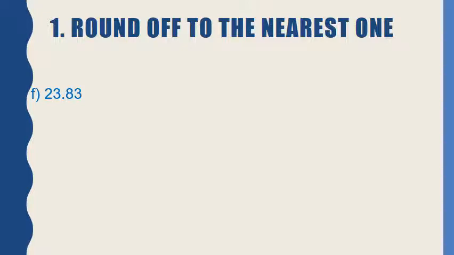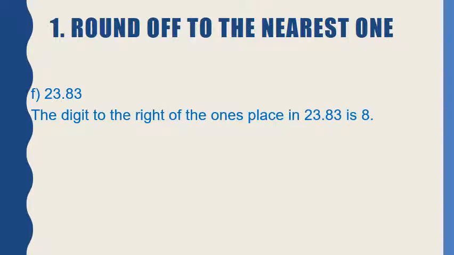Now children, in 23.83, we have to round off to the nearest one, so first we will see the digit at the ones place, which is the rounding place. The digit at the ones place is 3. And now what is the digit to the right of the ones place, or the right of 3? The digit to the right of the ones place in 23.83 is 8.